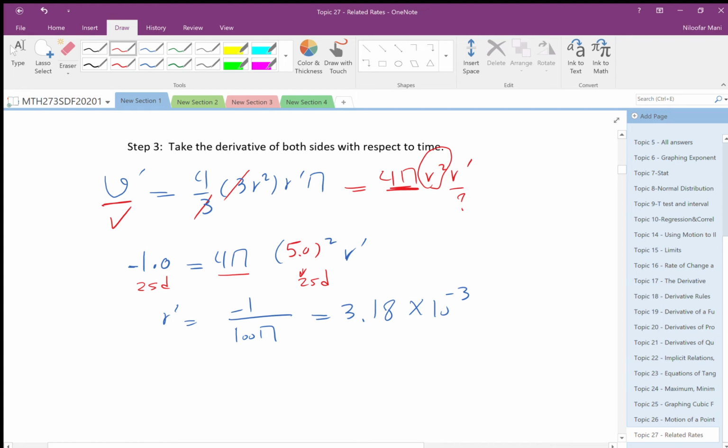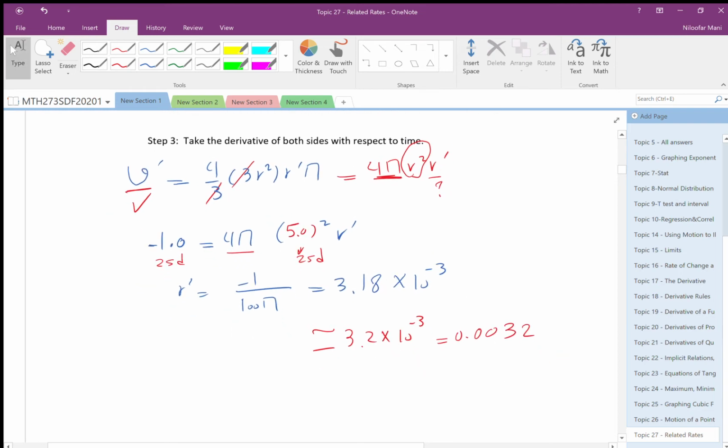So I want to find r prime, and it's almost 3.2 times 10 to the power minus 3, which is 0.0032.